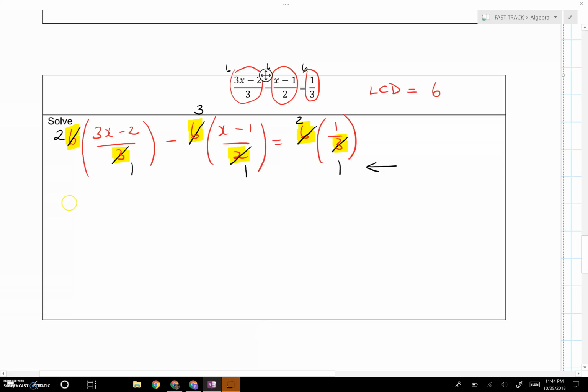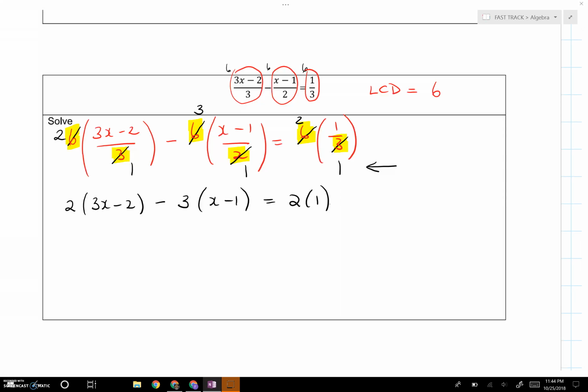So my next line should read 2 times (3x minus 2) minus 3 times (x minus 1) is equal to 2 times 1. Again, notice, because I multiplied by the lowest common denominator and everything worked out great, I no longer have any denominator. Now this question becomes a simple distribute, collect, and solve.